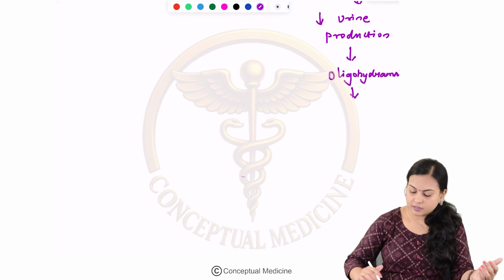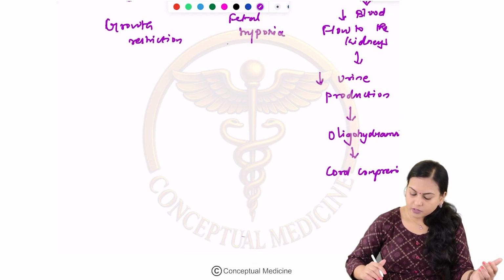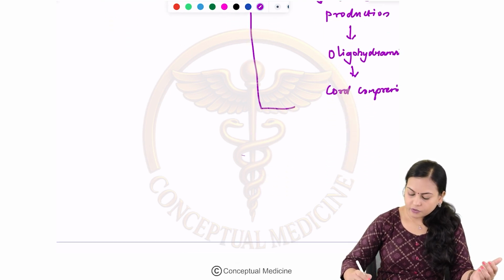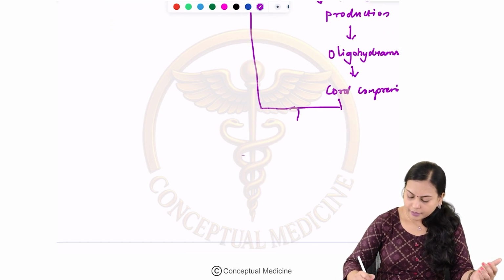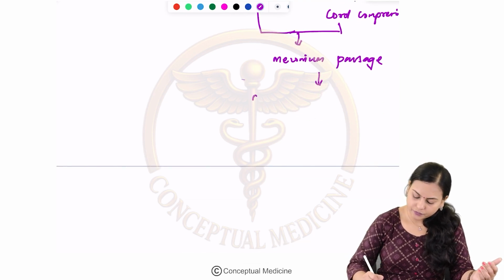That will result in cord compression. So, because of the stress like fetal hypoxia and cord compression, there is going to be meconium passage by the fetus and it can even result in meconium aspiration syndrome. Okay? Meconium aspiration syndrome.